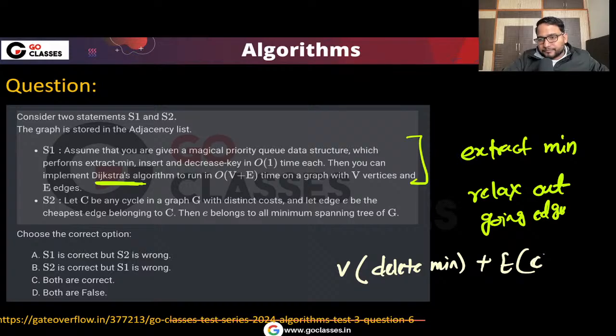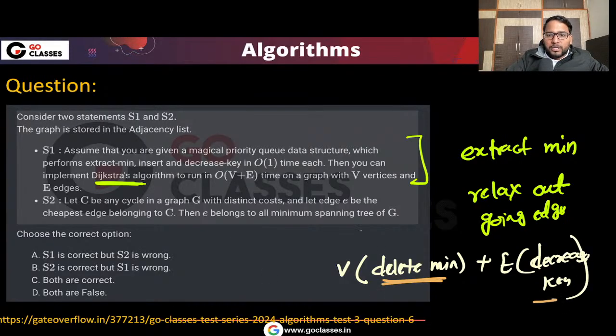With a magical priority queue doing both in order of one, you can implement Dijkstra to run in order of V plus E. Yes, that is true, right? If this is 1, then it will be just V plus E. So that's why it is true.